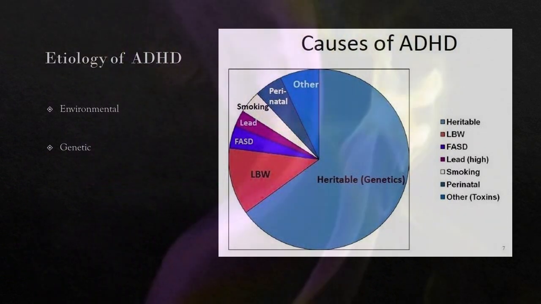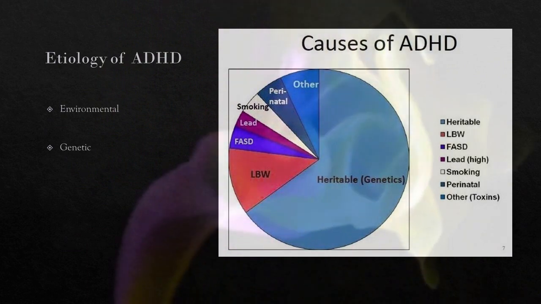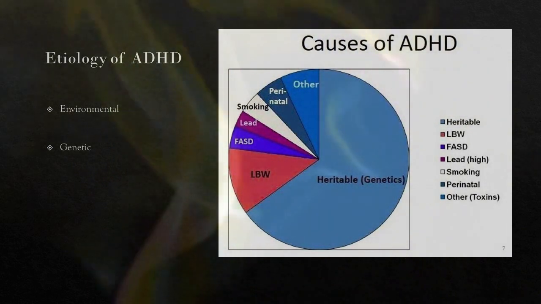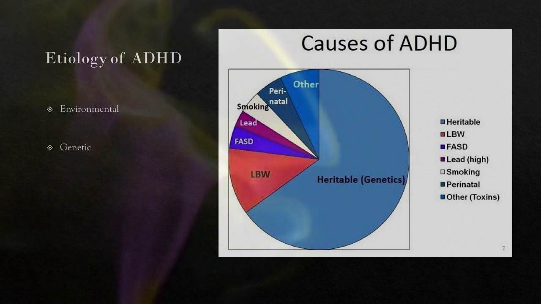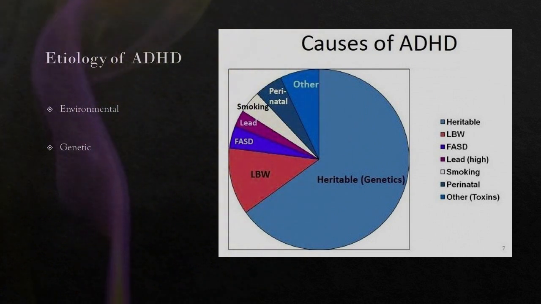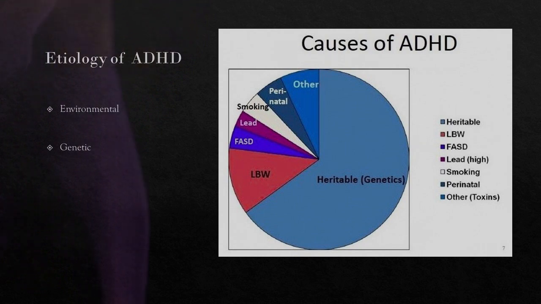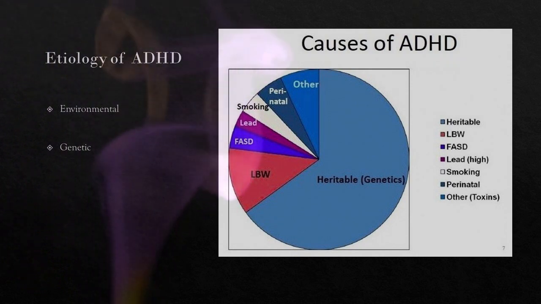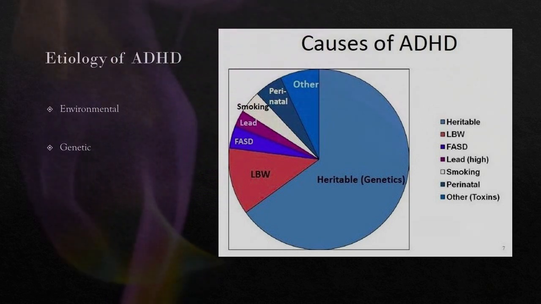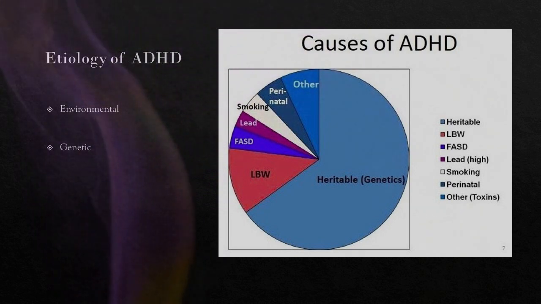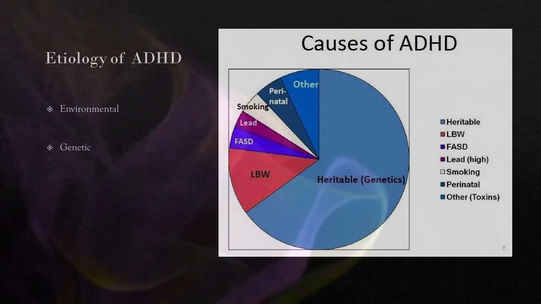And exposure to environmental toxins, particularly lead, has been associated with increased risk of ADHD, because lead exposure, often from lead-based paints or contaminated water, can have neurodevelopmental effects, impacting attention and cognitive functions.